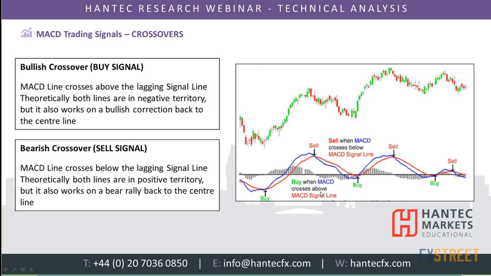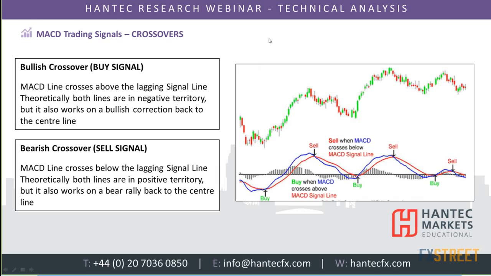That, as I said, is theoretically not necessarily correct, but I believe is very good and very useful. Anyway, your crossover is basically your Macd line crossing above your signal line on a buy, and that's obviously a bullish signal. Your sell crossover is where the Macd line crosses below your signal line, and is again depicted by your histogram going from positive to negative.